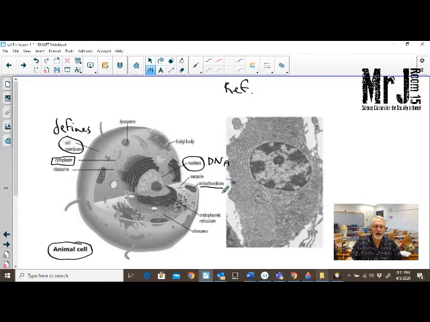Now, other things that we have within here, the endoplasmic reticulum. Sometimes I talk about the endoplasmic reticulum as just the ER. It's easier to spell, easier to say. It has the special function of taking proteins, and proteins are what make up the body.